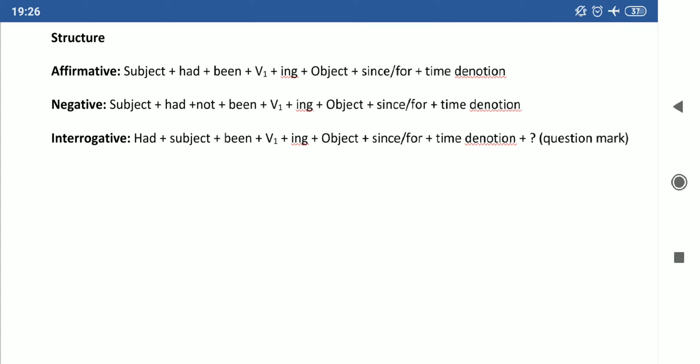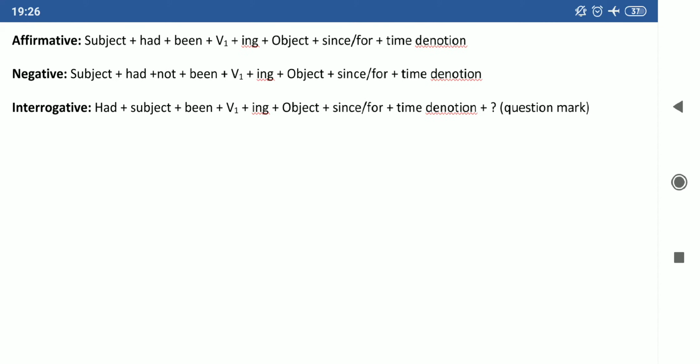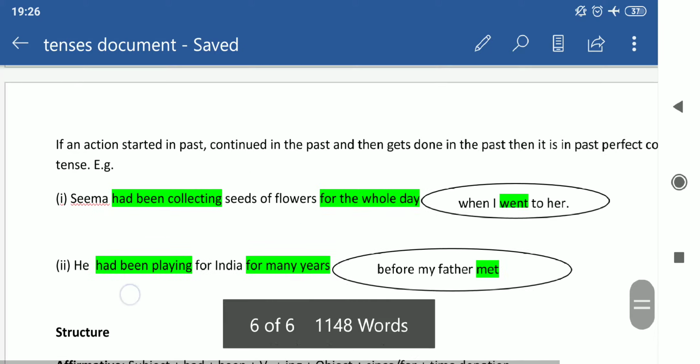Negative: subject, then had not, along with first form of verb, then ing, then object, after that since or for, then time denotation. Interrogative: had plus subject, then been, then first form of verb, then ing, after that object, then since or for, and after that time denotation, and in the end you will put a question mark.